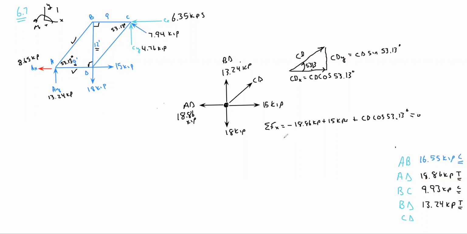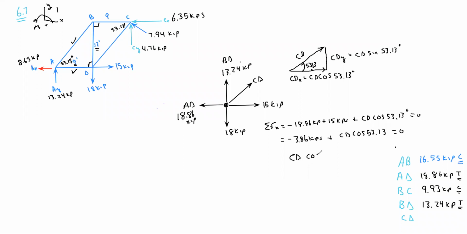Combining those terms, we get negative 3.86 kips plus CD cosine 53.13 is equal to 0. Add 3.86 kips to both sides.